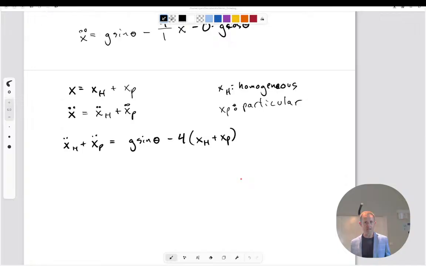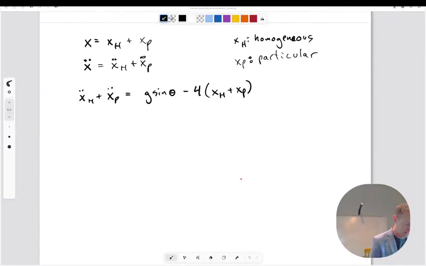Again, I haven't really done anything, and I'm walking through this because this is not a differential equations class, but it is helpful to see what you can do with these equations of motion. So this is one way to go about solving these problems.